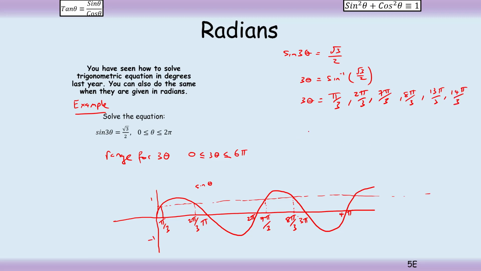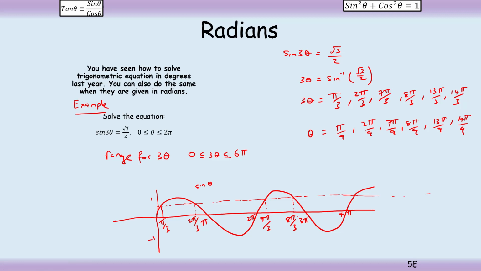In order to get theta, we've got to divide those solutions by 3. So dividing by 3, we get pi by 9, 2 pi by 9, 7 pi by 9, 8 pi by 9, 13 pi by 9, and 14 pi by 9.